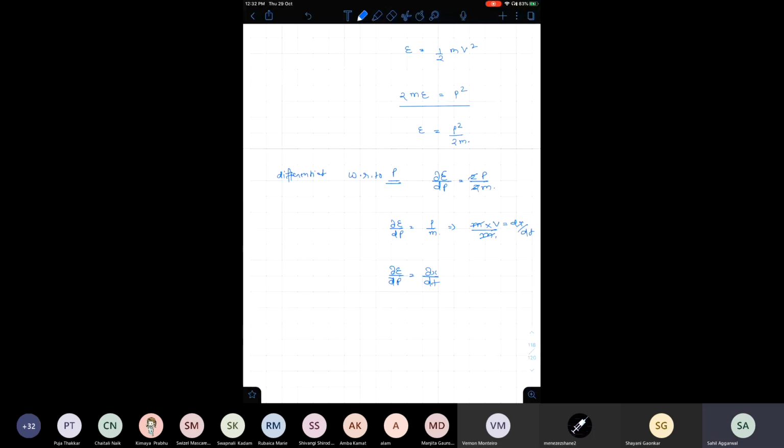If we cross multiply, then dp dot dx is equal to dE dot dt.